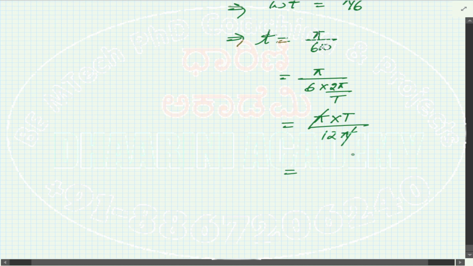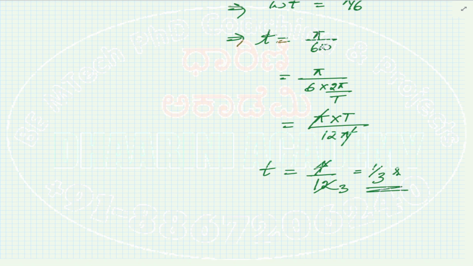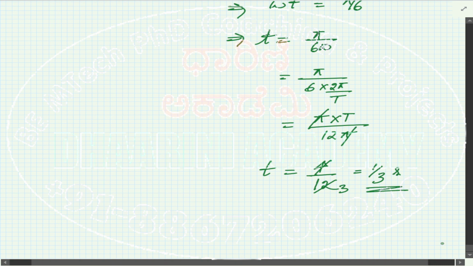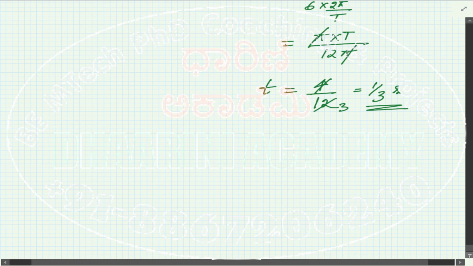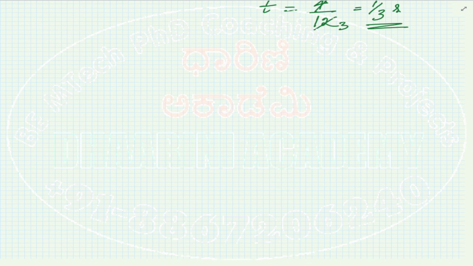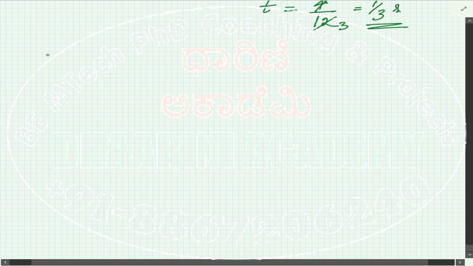Substitute for capital T, which is given as 4 in the question: 4 by 12. This is the required time. This cancels as 3, so this is 1 by 3 second. So in 1 by 3 second, it covers the required distance. All right, that's the solution of this. Okay, let's go to the next question.